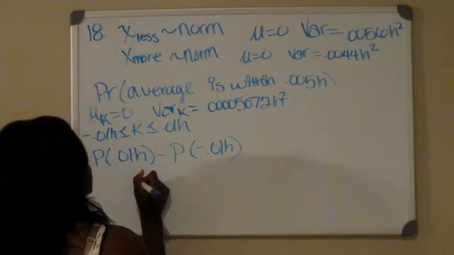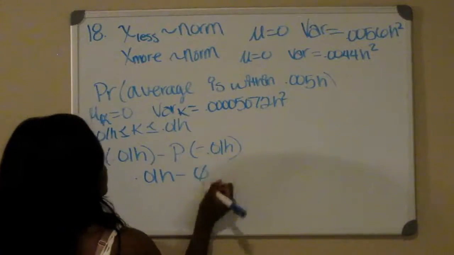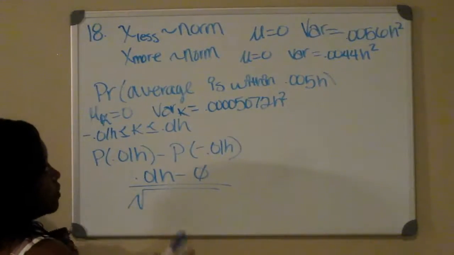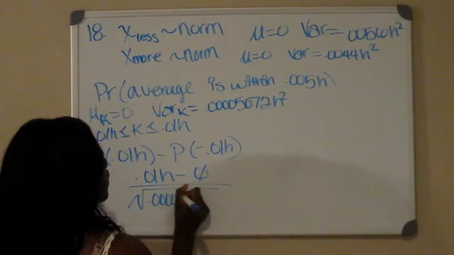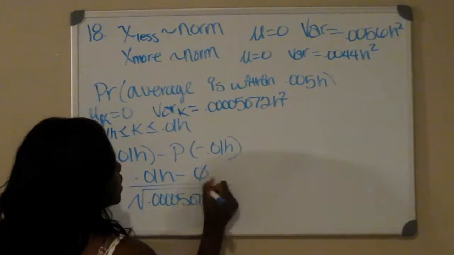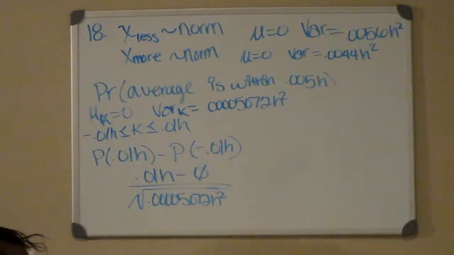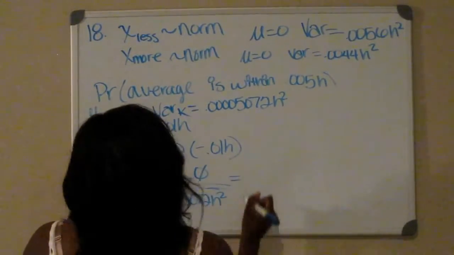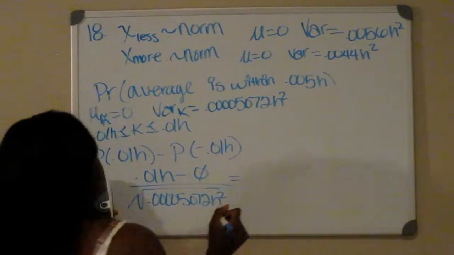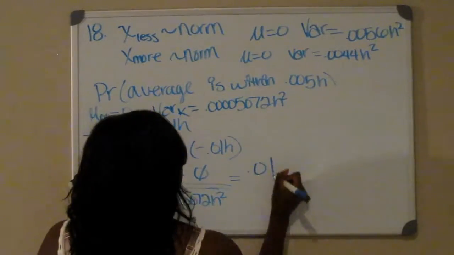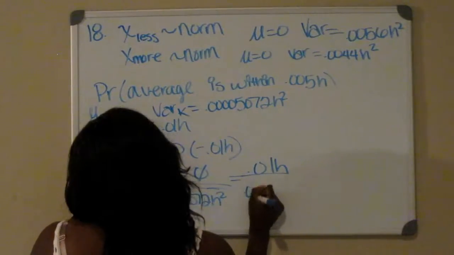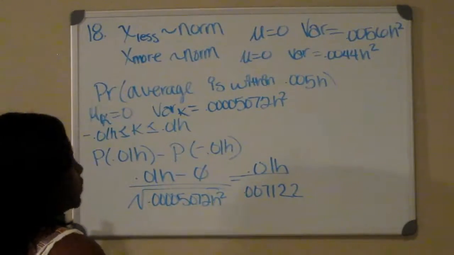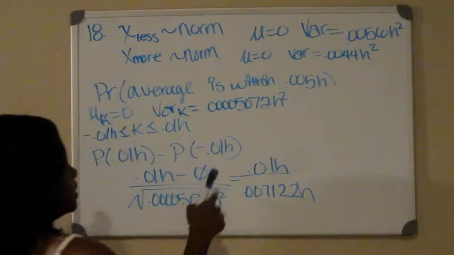So we're going to put in our stuff. 0.01h minus 0 divided by the square root, because we want the standard deviation at the bottom, not the variance, of 0.12345072h squared. Okay? Equals 0.01h divided by 0.12345, just for extra emphasis, h squared, goes down.